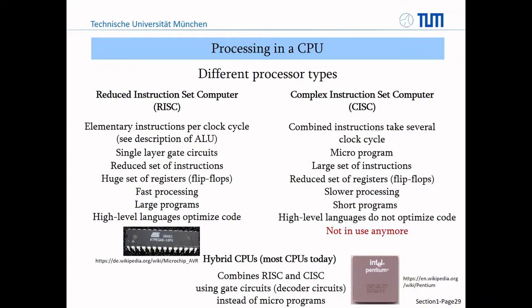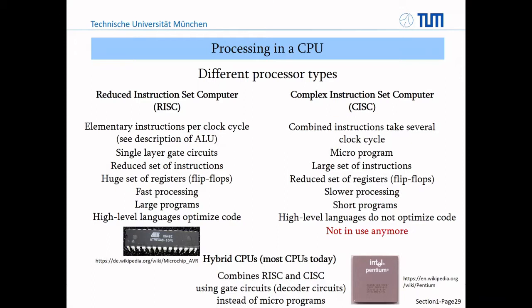It's a very single layer limited gate circuit, a very easy gate circuit. Easy not in the sense that the gate circuit itself is quite simple. It's just that you have one layer, so there is no additional separation layer, which has, for example, other programs which must be called if you do a special instruction. So therefore you have a reduced set of instructions.